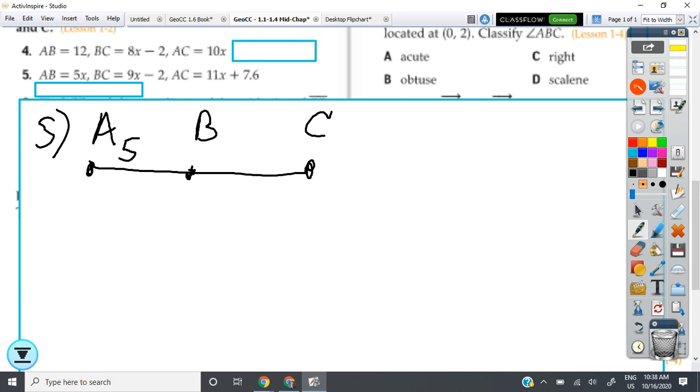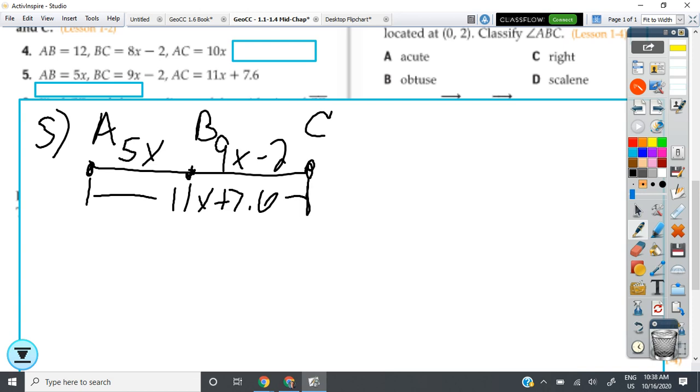I'm going to put the 5x up here, and I'm going to put the 9x minus 2. And then the whole thing is 11x plus 7.6. Part plus part equals whole.